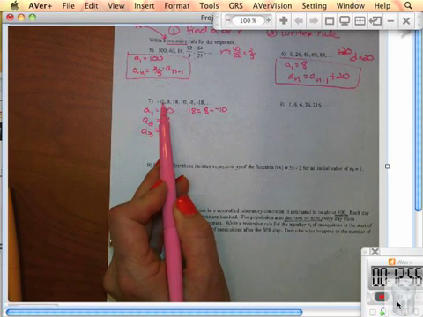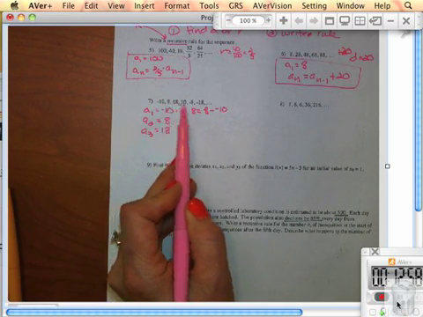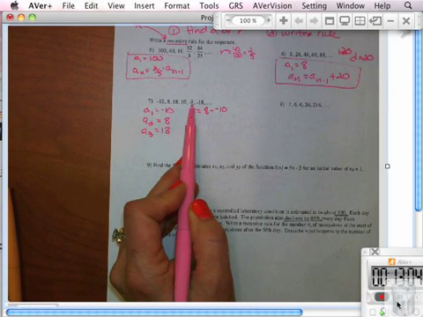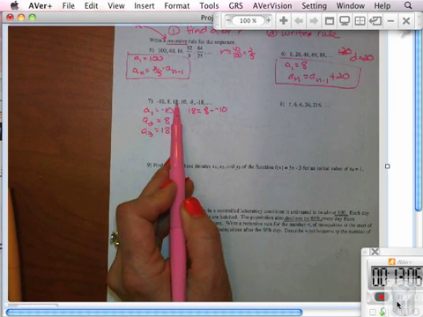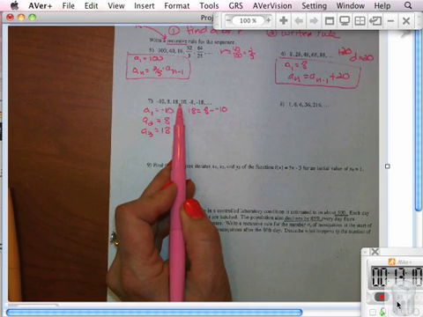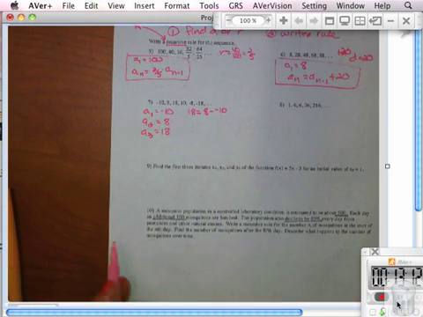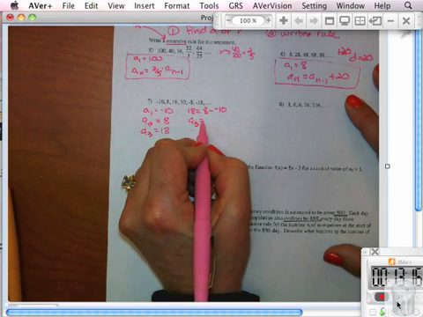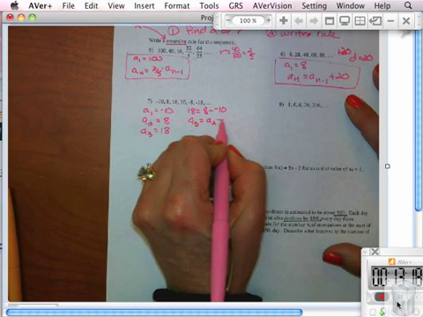Yes? So does 10 equal 18 minus 8? Right. Does negative 8 equal 10 minus 18? It does. Okay. So I'm saying that the third term is equal to the second term minus the first term.